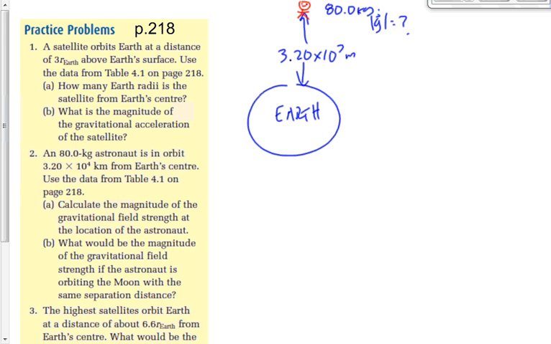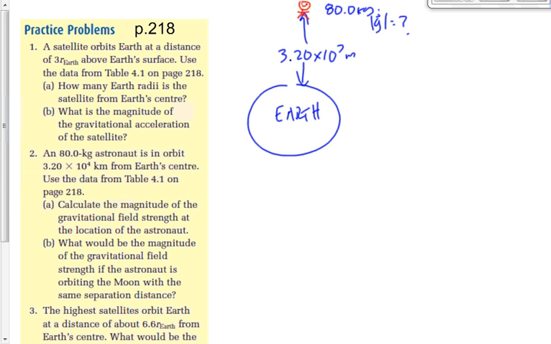What's causing the field? Yeah, the Earth. So therefore, the astronaut would be experiencing the field, right? The field at that point that's caused by the Earth is the same as the field at that point that's experienced by the astronaut.